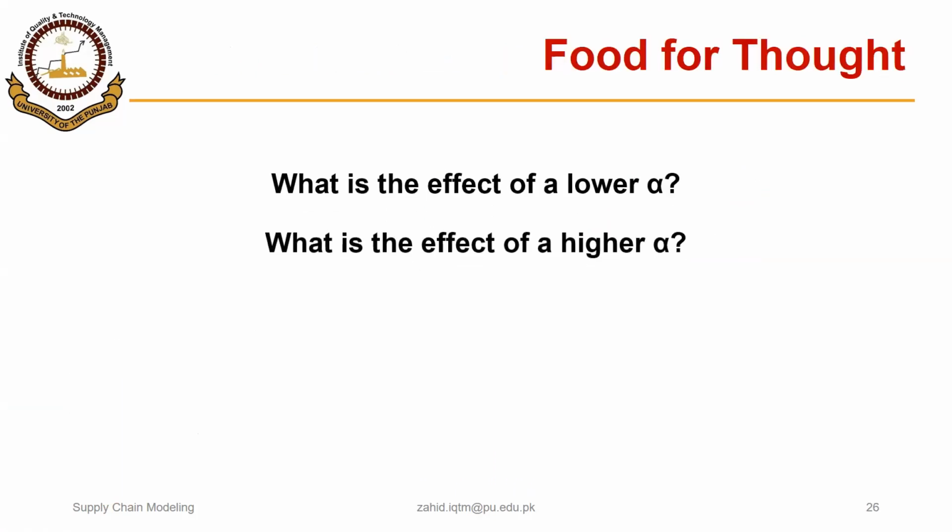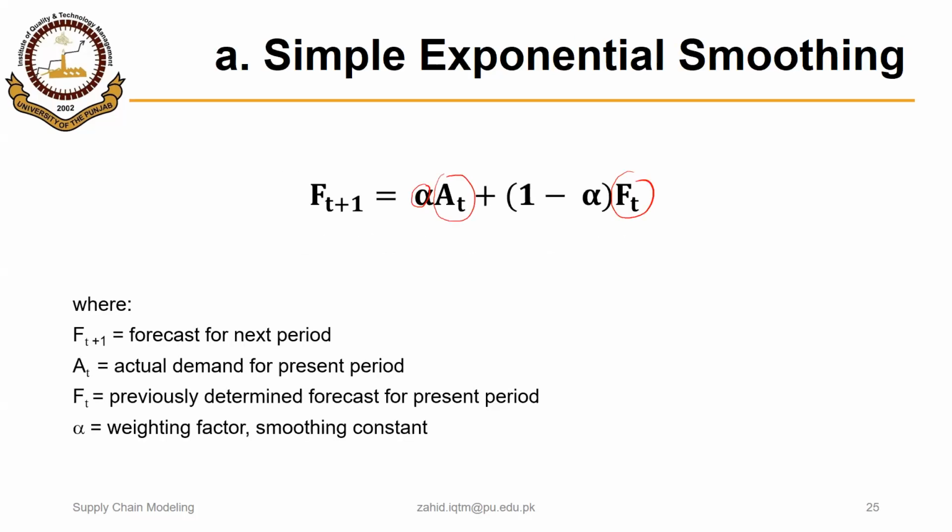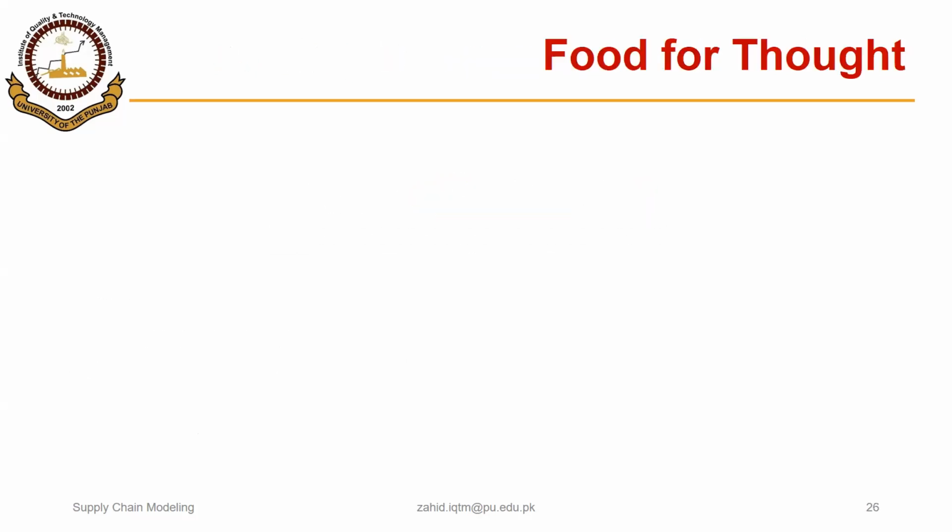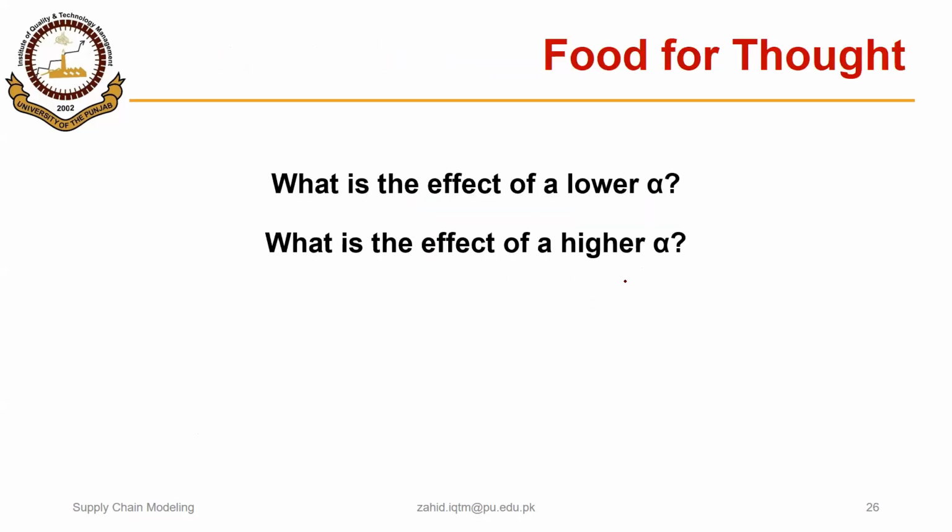So that is the question. What should be the value of alpha? Should it be, for example, a smaller value or a larger value? And one point that was not mentioned here is that alpha is greater than or equal to 0 and less than or equal to 1.